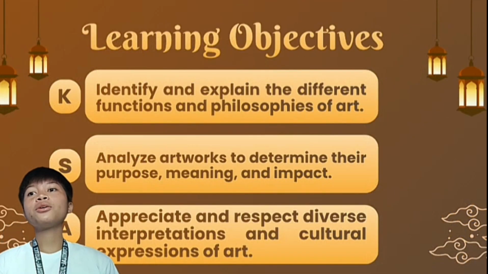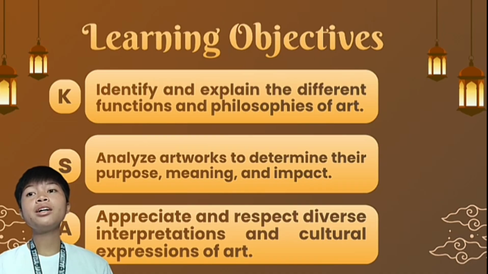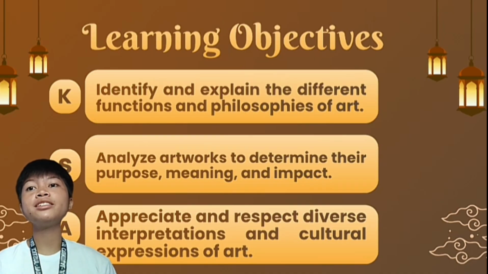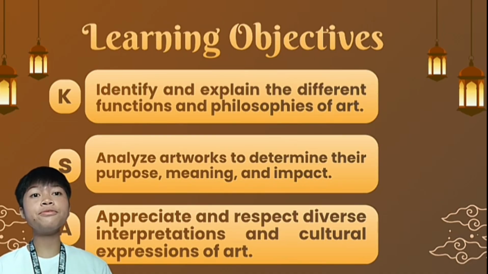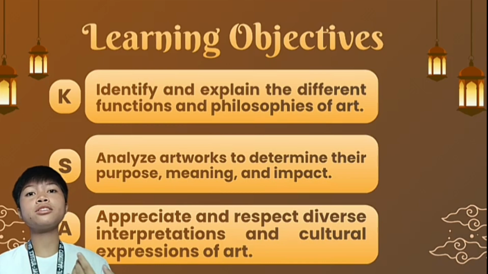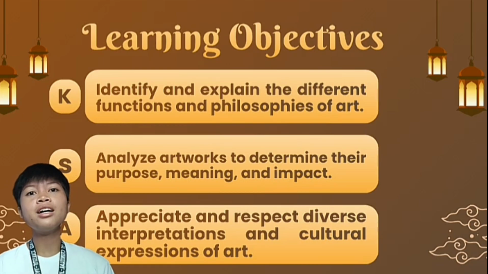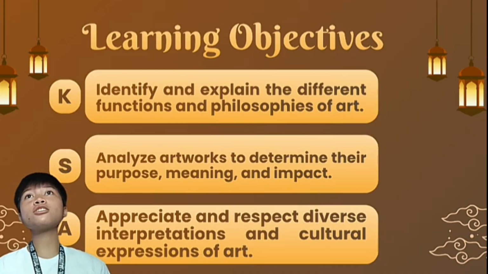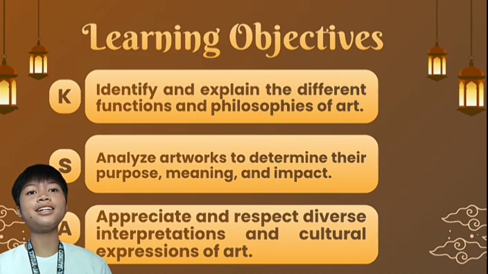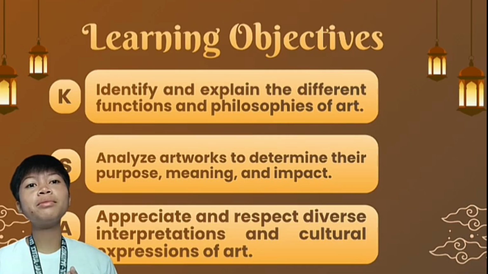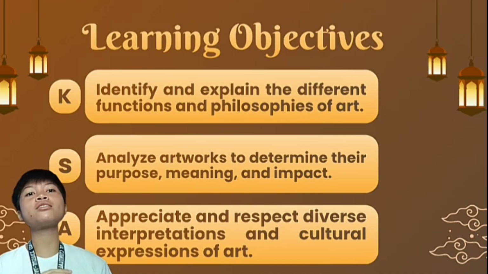Firstly, we have the knowledge. We have to identify and explain the different functions and philosophies of art. What are those functions, and how do philosophies relate to art? For the skills, we also have to analyze artworks to determine their purpose, meaning, and impact. We all know that every art has its own background.